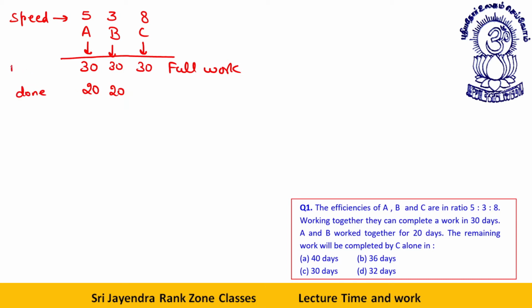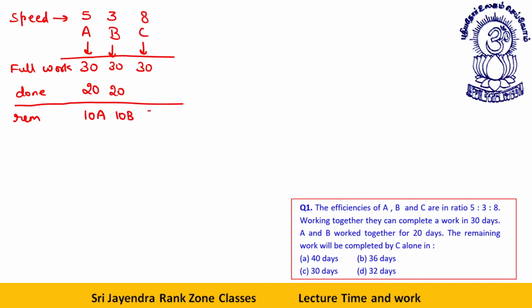Let's say this is full work. This portion is done. What is the remaining? The remaining portion is 10A, 10B, and 30C. Now, dear students, think about it.